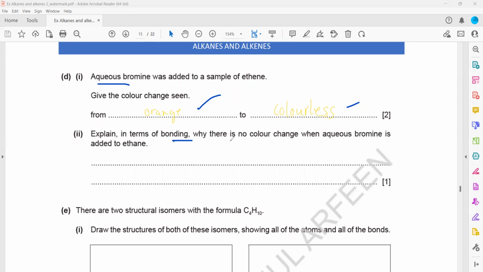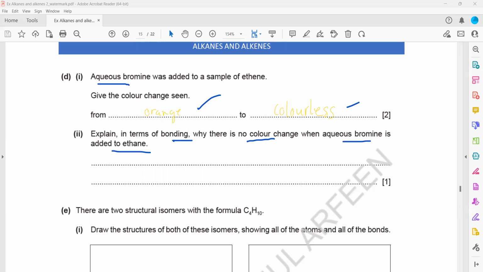Explain in terms of bonding why there is no color change when aqueous bromine is added to ethane. Ethane is saturated, with carbon-carbon single bonds, so it does not undergo addition reaction. Bromine does not react with alkane.